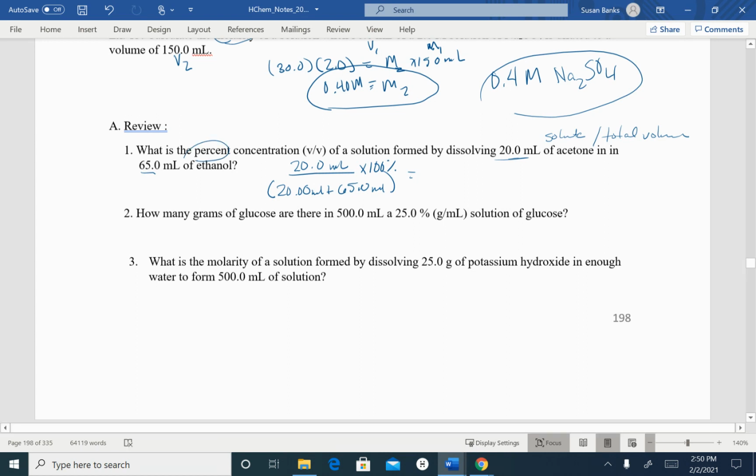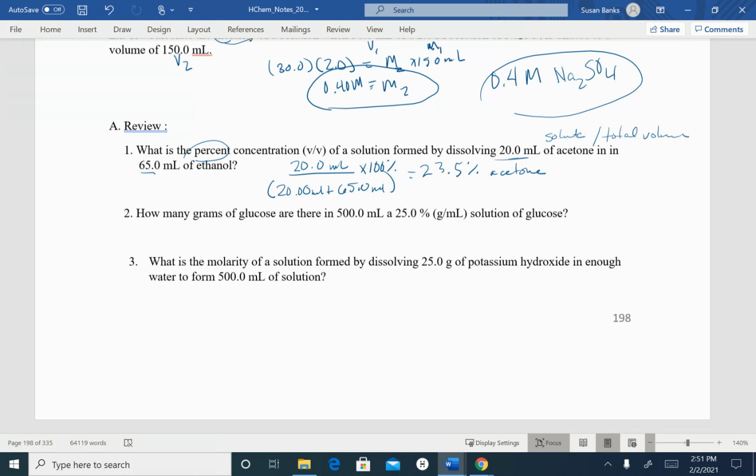So 20 divided by 85 times 100 will give us 23.5. We've got 3 sig figs here. We have 23.5% acetone. Okay, how'd you do with that?